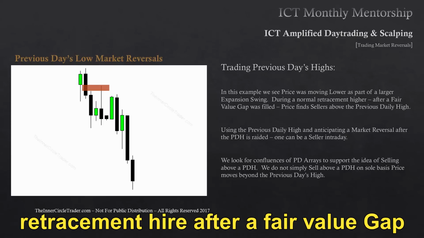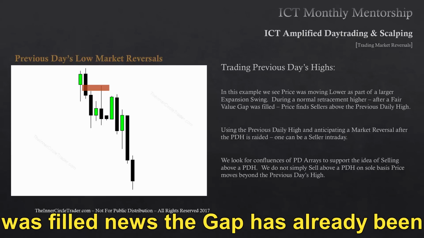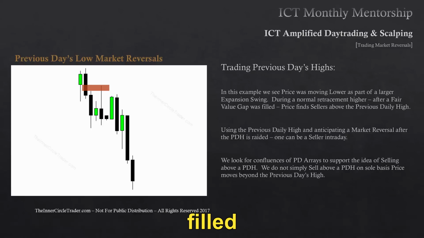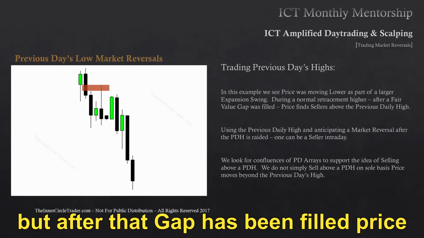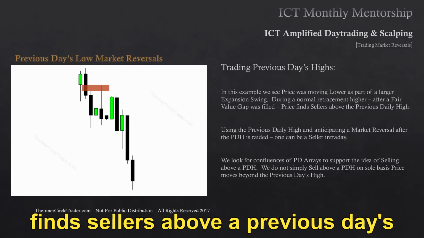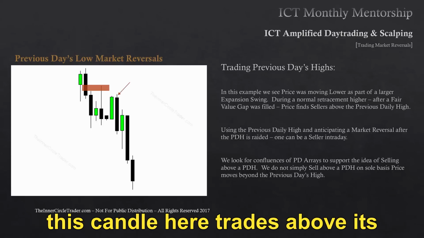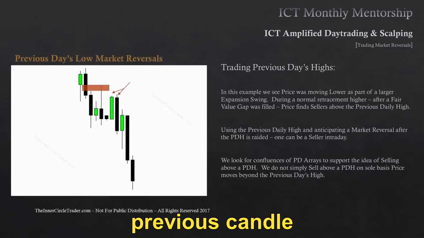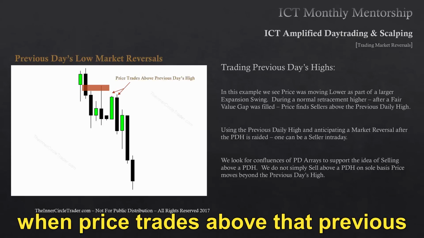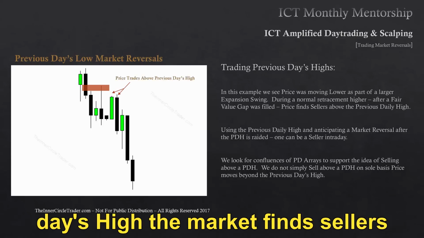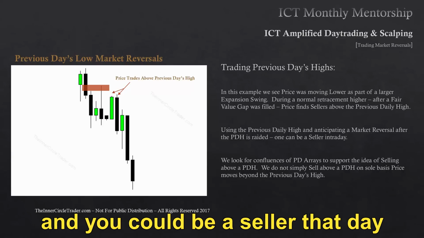During a normal retracement higher after a fair value gap was filled, notice the gap has already been filled, but after that gap has been filled, price finds sellers above a previous day's high. This candle here trades above its previous candle. When price trades above that previous day's high, the market finds sellers, and you can be a seller that day.